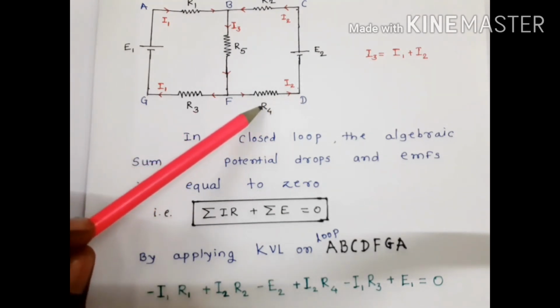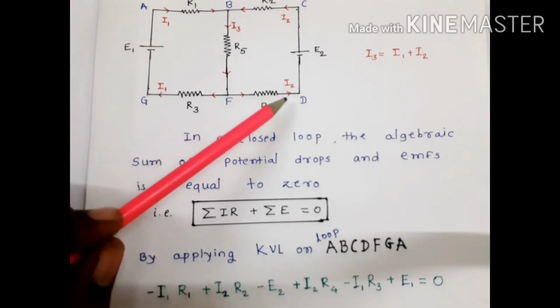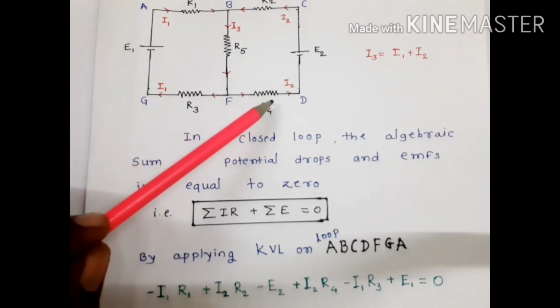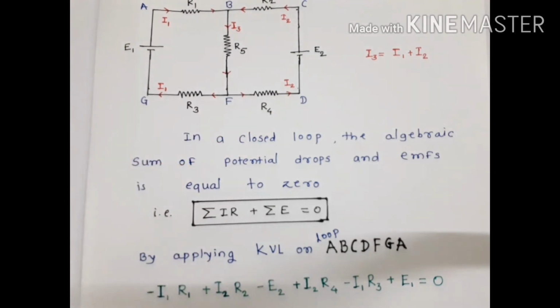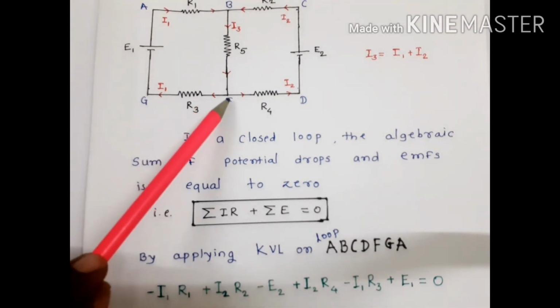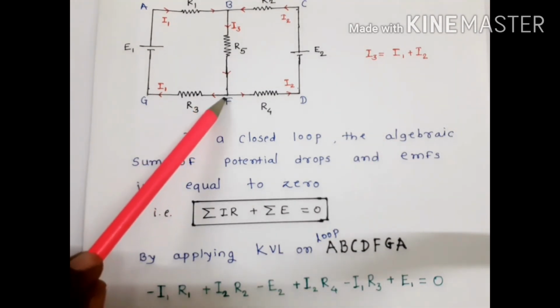Here we come across R4, and we face the current I2, therefore the potential drop across R4 is taken as positive, so it is plus I2 R4.